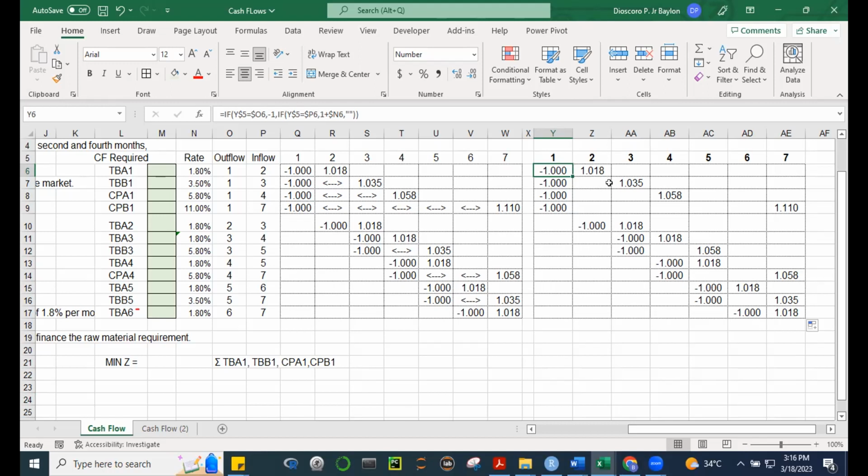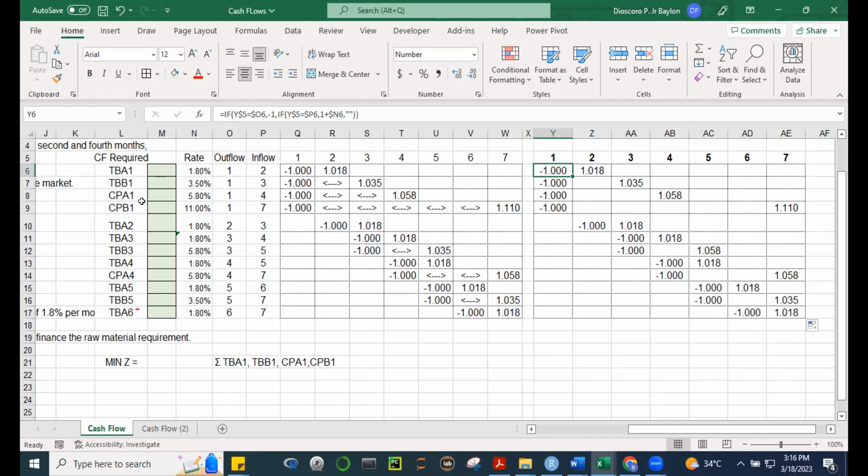If it's between inflow and outflow, for example, this one, month 1 and month 4. So the investment will be open if it's between month 1 and month 4. That means month 2 and month 3, right? Month 2 and month 3.